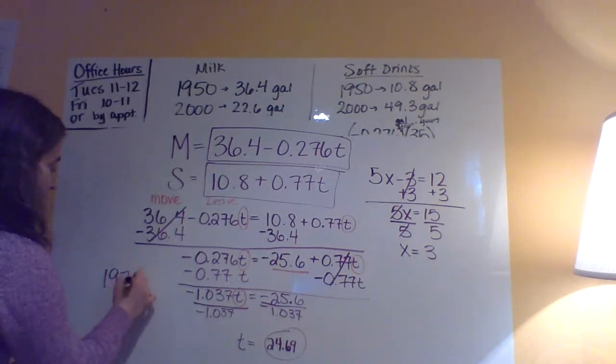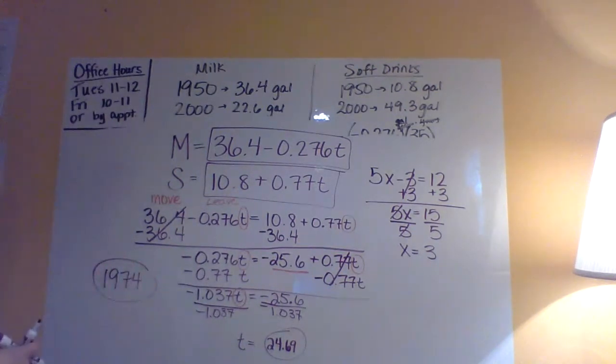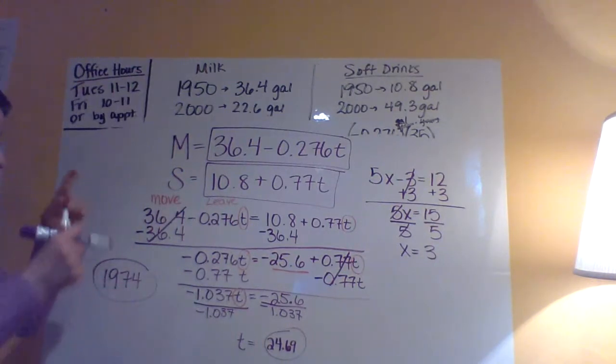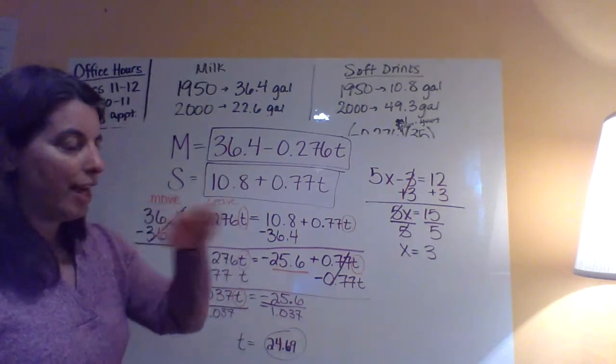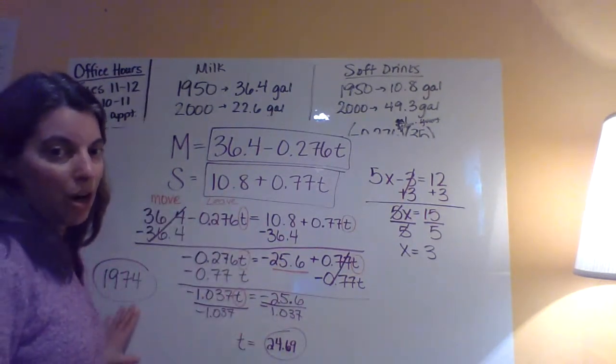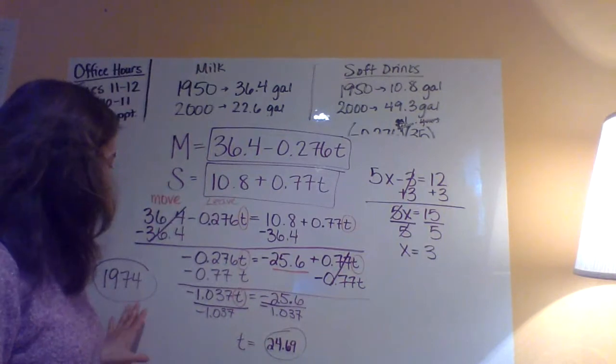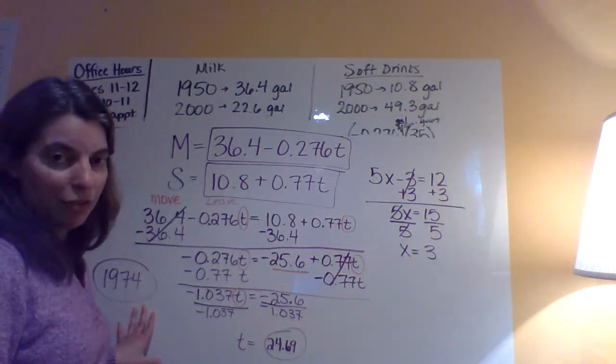Because we don't know exactly when in 1950 we're starting, but 24 years, so it's sometime in 1974. That's when these two will be the same. This is also where your graph should show that. It should show that they cross at somewhere right around 24 on the x-axis. And that would also tell you that your answer is 1974.